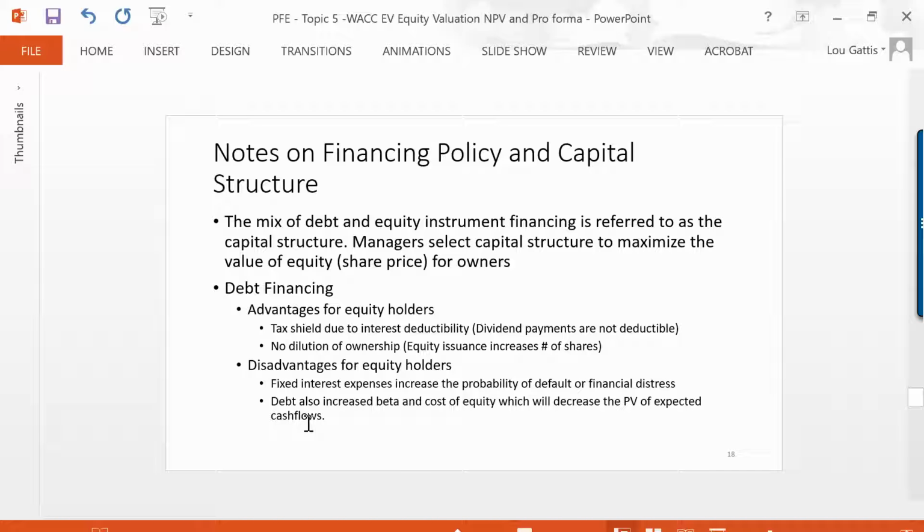Also, if you have more debt, think about the exercise we did at the beginning, your D/E ratio is going to go up, which is going to cause your beta to go up, right? Your levered beta is going to go up, which is going to cause your cost of equity to go up, which is going to cause your WACC to go up, and then people are going to value your firm at a lower value. So those capture some of the advantages and disadvantages of using debt in financing.